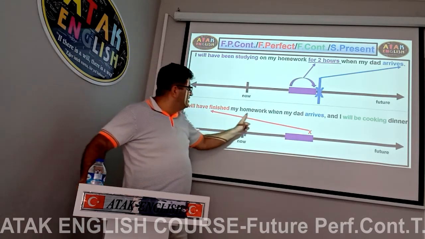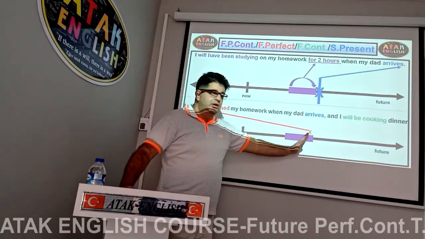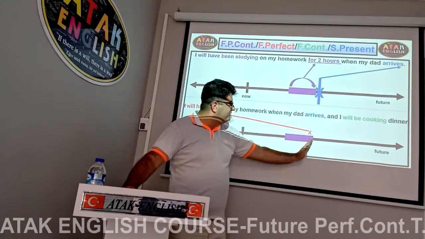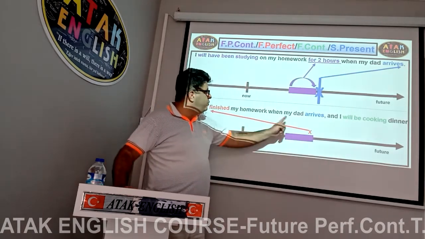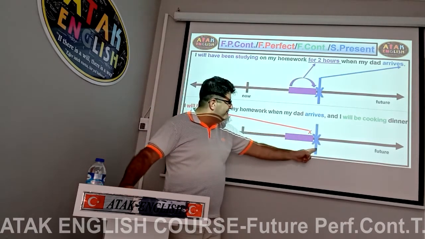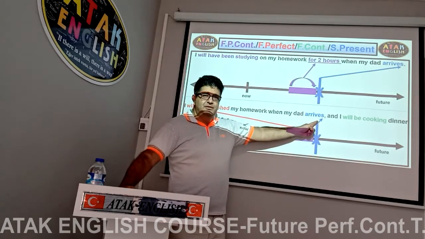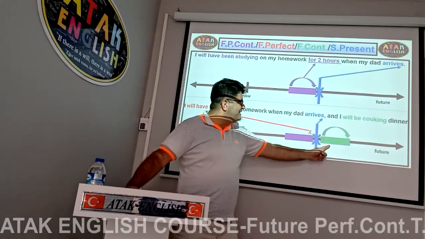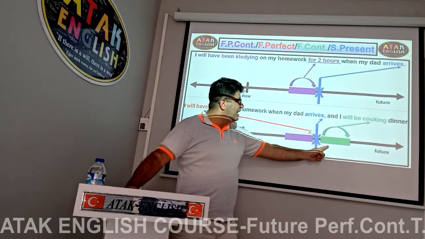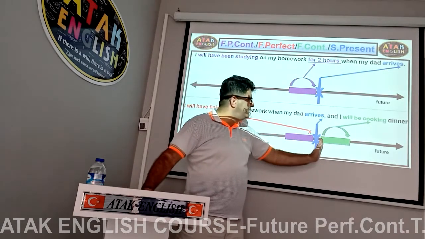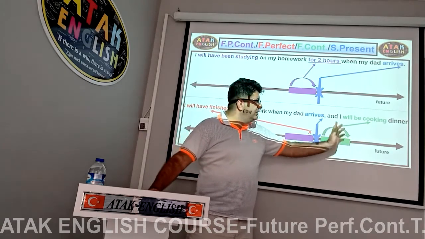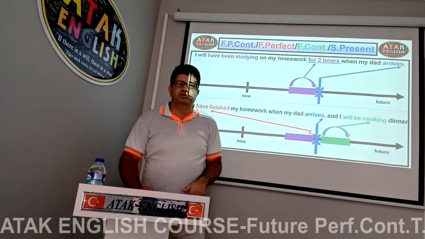I will have finished my homework. Can you see the action is at the end of a period when my dad arrives, present simple, and after that I will be cooking dinner, another period in the future.